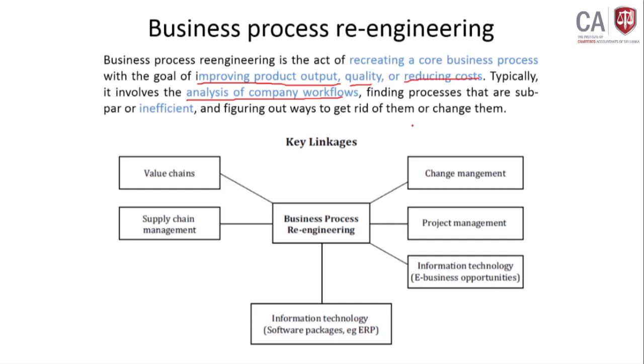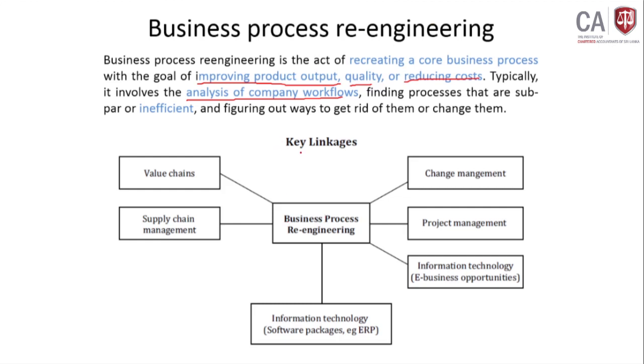Thereafter, you have to do business process re-engineering in your organization. So, your workflows will be analyzed. You have to analyze the workflows, and then reduce costs and improve the production output. To do that, you have to make many business process changes. Then after identifying the business process changes, you implement them; that is called re-engineering.